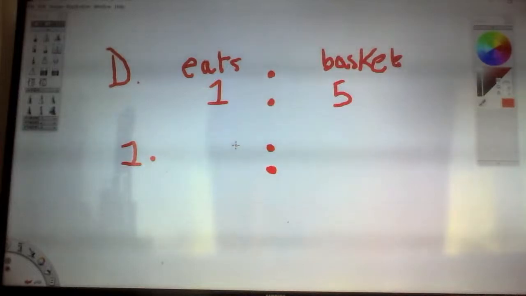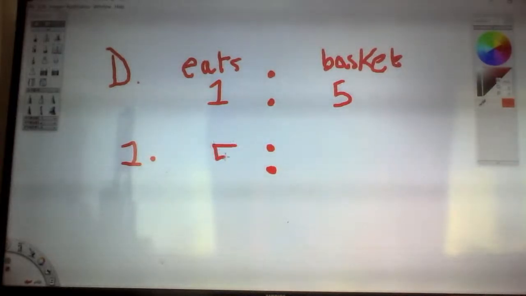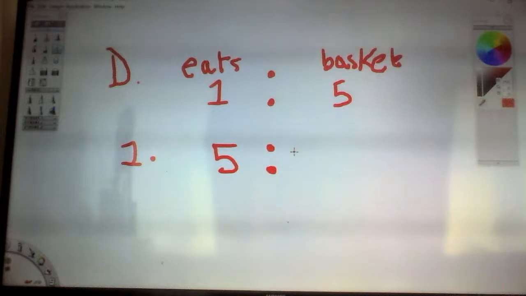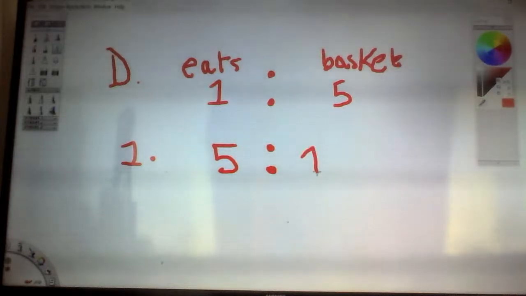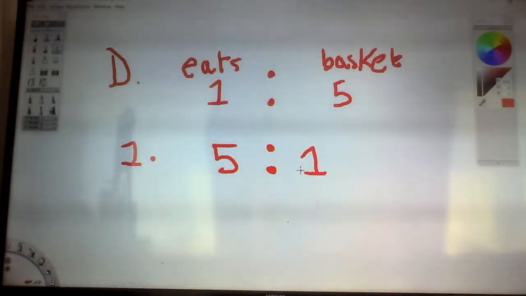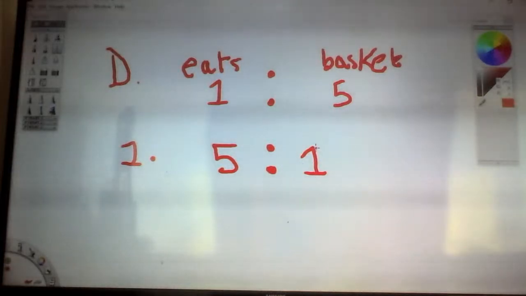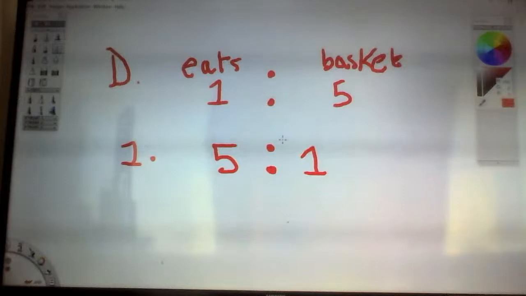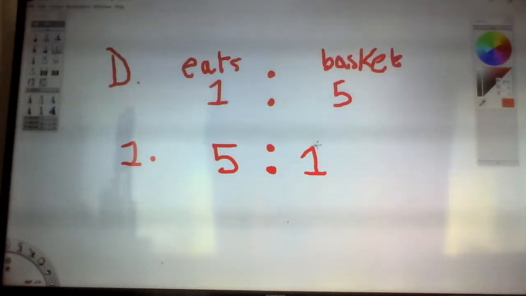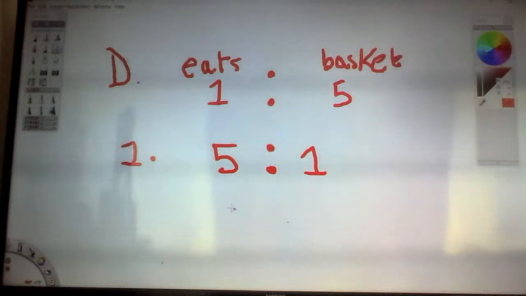So the ratio of strawberries in the basket is 5 to strawberries eaten is 1. So the wording order is important in writing the order that you put the numbers in. Strawberries in the basket is 5, eaten is 1. Don't get them mixed up.